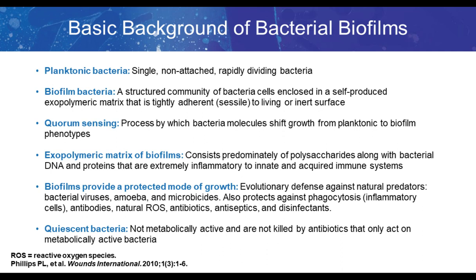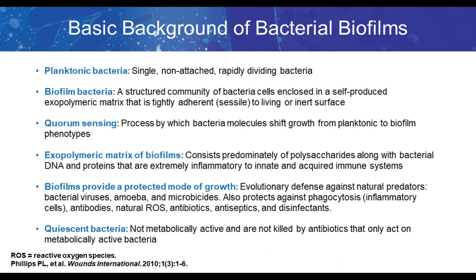One of the key differences and results of this quorum sensing is the production of an exopolymeric matrix of the biofilm. And this consists predominantly of unique polysaccharides along with bacterial extracellular or free DNA and proteins, which are extremely inflammatory to both our innate immune system, our toll-like receptor system, as well as our acquired or adaptive immune systems.